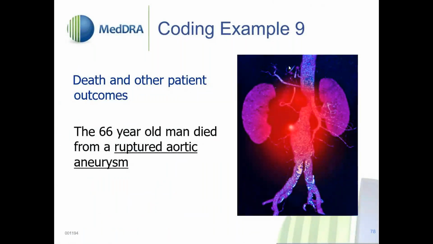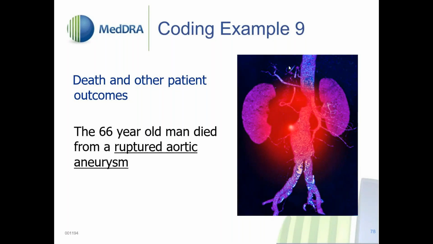Here we have a report on a fatal case where a 66-year-old man suffered a ruptured aortic aneurysm. So based on the PTC guidance, this is the first thing to remember. Based on this guidance, death is an outcome and should not be coded when a reason for the death is provided.